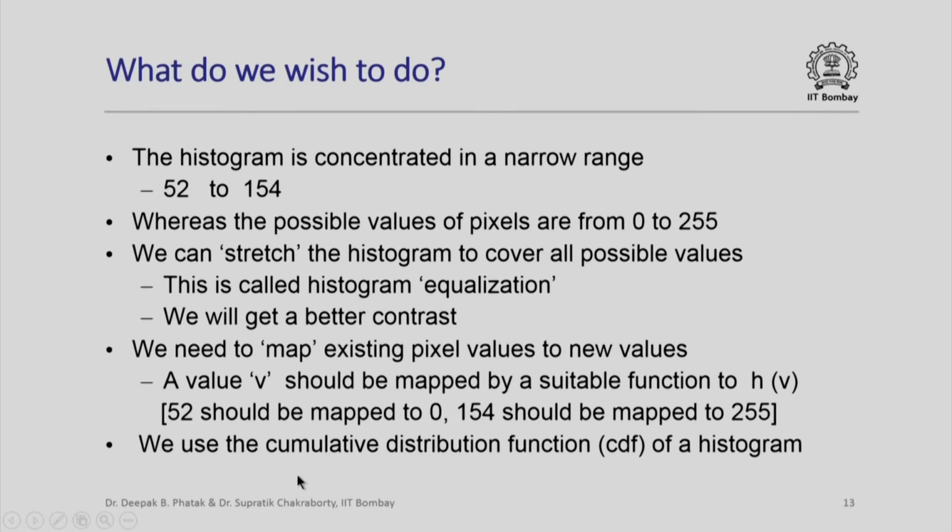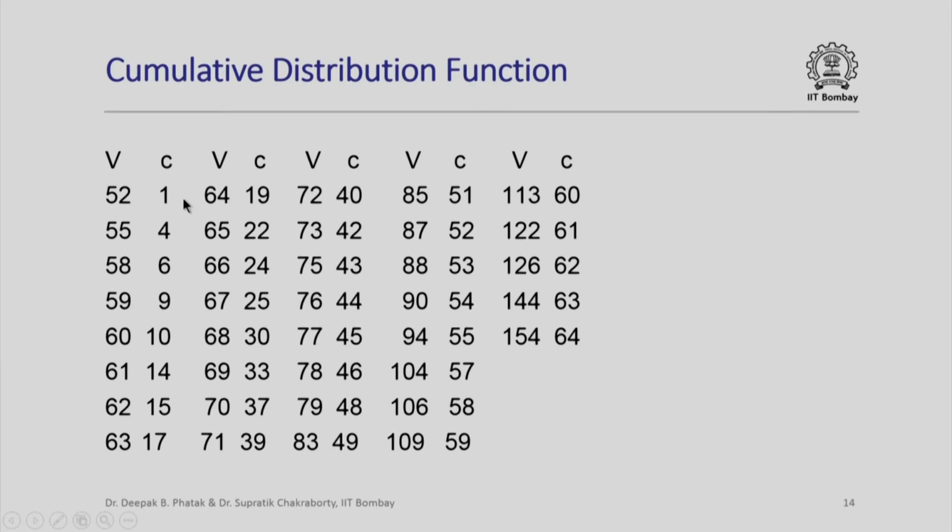First, we calculate the cumulative distribution function or CDF of a histogram. The CDF is simply defined as a number of pixels below a certain value. So, for example, there is only 1 pixel below 52, there were 3 pixels at 55.